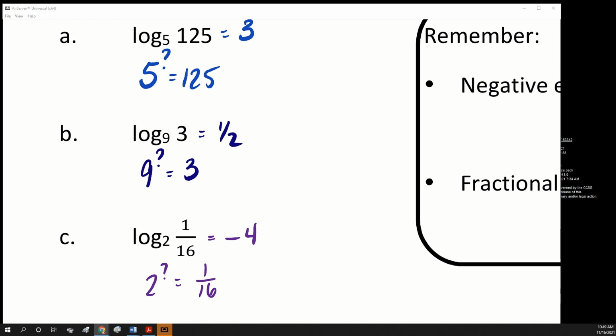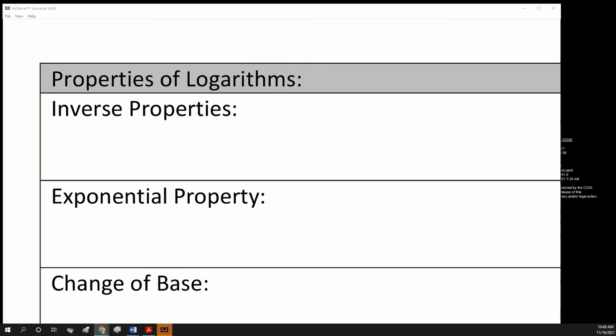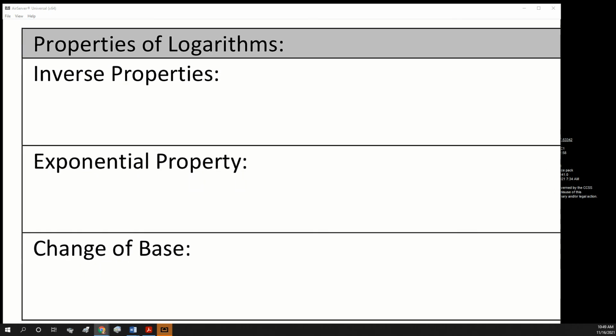Okay, so we have some properties. Today we're only going to talk about the first property. We'll finish the other ones tomorrow. There's tons of properties of logarithms. There's actually a lot we're going to learn after Thanksgiving, but these are the 3 before Thanksgiving. All right, so I said at the beginning of the lesson that the logarithm and exponential functions are inverses of each other.